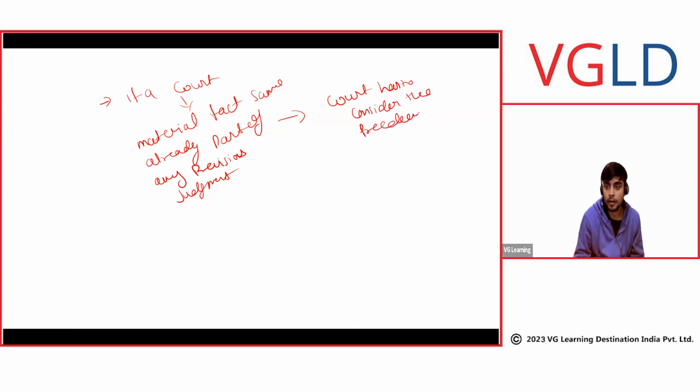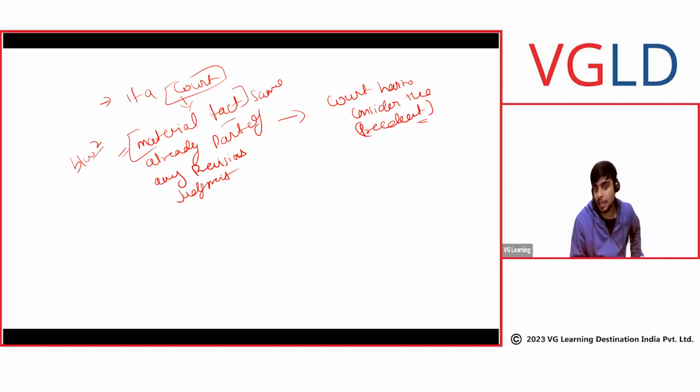Let's say a court has a case between two people, and the material facts are the same. In this case, the court does not override the previous decision.